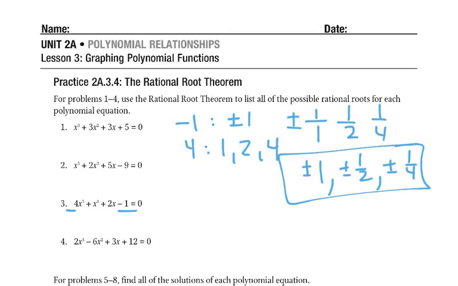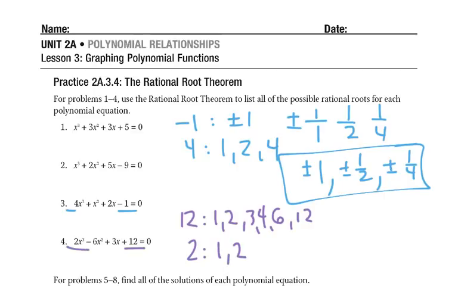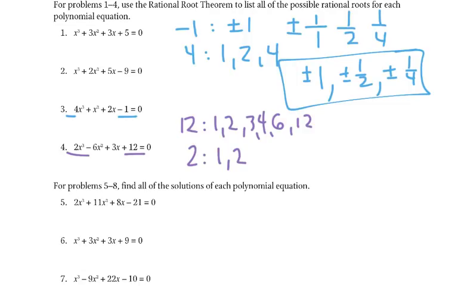Those are our possible rational roots. Okay. On number 4, we have 12. Factors of 12 would be 1 and 12, 3 and 2, 2 and 6, and 3 and 4. Okay. Factors of 2 would be 1 and 2. So, this one has a lot more, right?